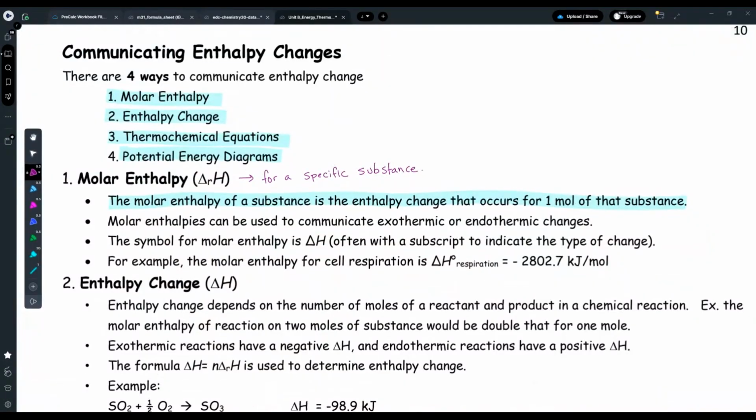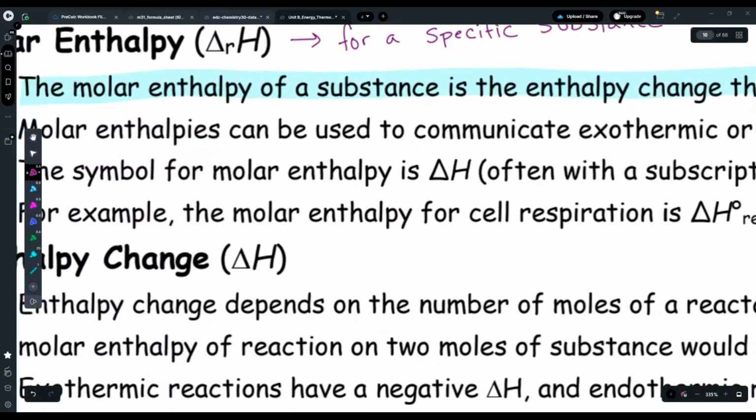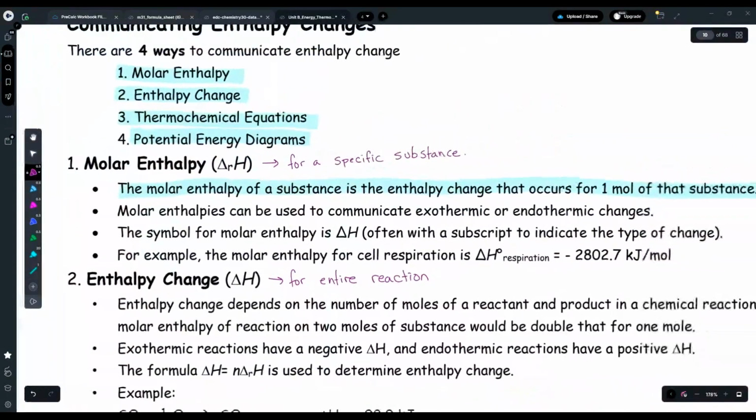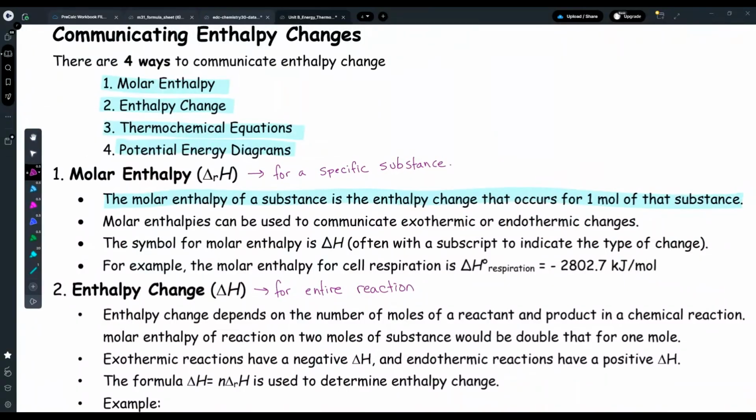Meanwhile, enthalpy changes are for the entire reaction. So that's the difference between the two. All right, going back to molar enthalpy here. Molar enthalpies can be used to communicate exothermic or endothermic changes. The symbol for molar enthalpy is delta H, often with some sort of subscript to indicate the type of change.